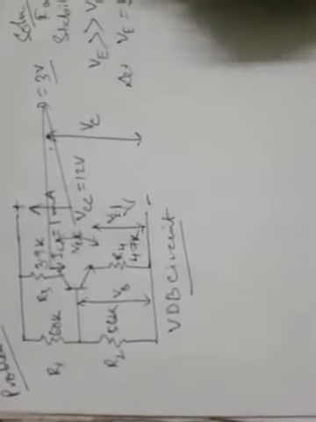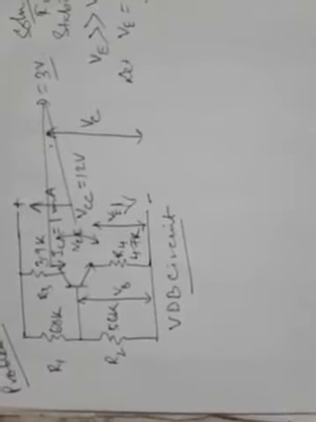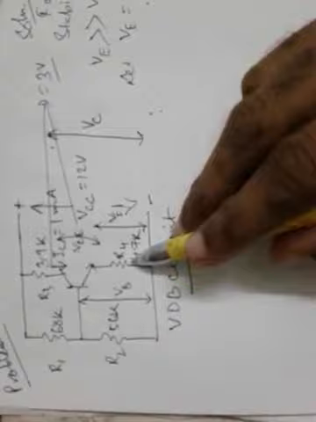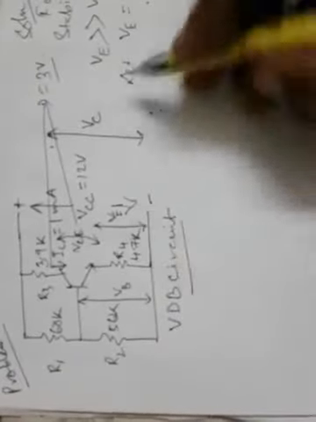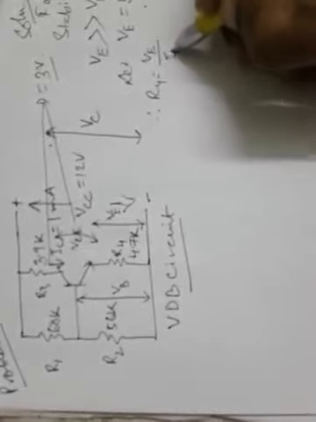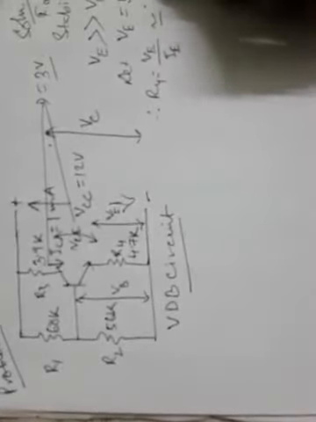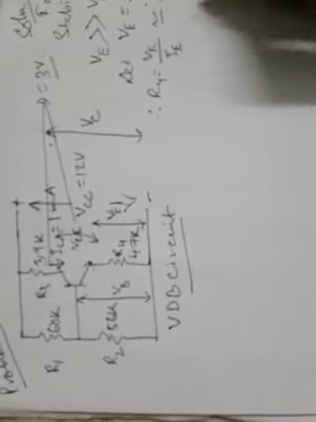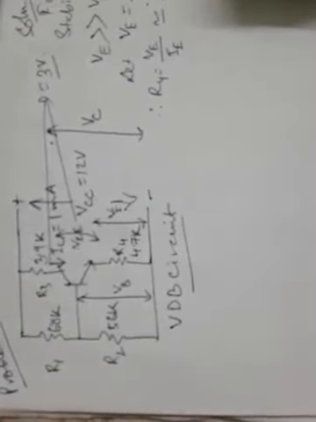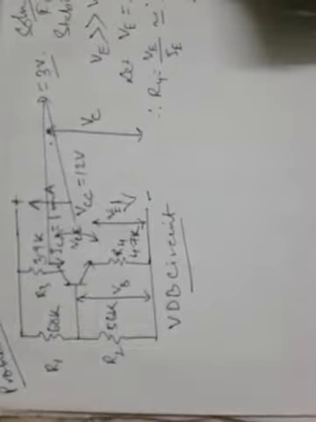We assume this. So R4, that is the resistance across which VE is measured. What is the value of R4? It is VE divided by IE, that means approximately VE by IC, and IC is given. So 5 divided by 1 milliampere, that is 5 kilo ohm.